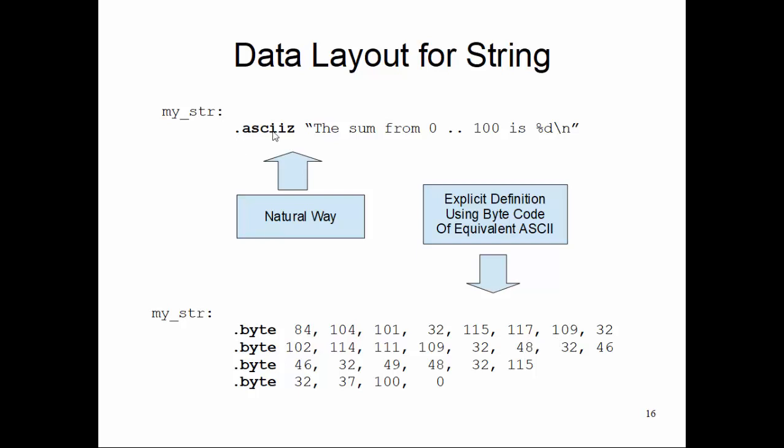So that's one way your assembler helps us: using the .ASCIZ directive, you can naturally type in your string. The assembler takes care of the conversion to bytes. The assembler has a lookup table giving each character's ASCII code, and it replaces the .ASCIZ string with a series of bytes. Conceptually, you can think of it as a series of bytes. That conversion is taken care of by your assembler. So that is one facility.